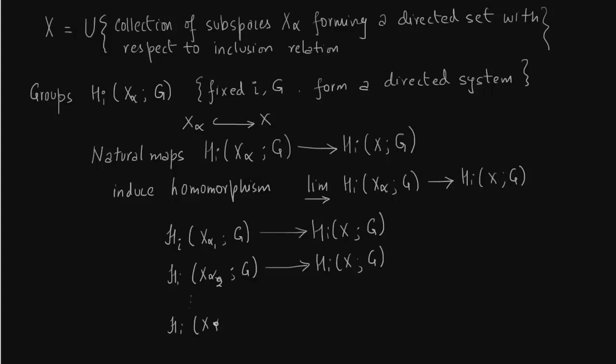The direct limit consists of all these groups on the left as a direct sum, and the mapping is nothing but this series of maps f_alpha1, f_alpha2, up to f_alphan. All these groups on the left are part of the direct sum, and f_alpha1, f_alpha2, f_alpha3, f_alpha4 all the way to f_alphan form the homomorphism.